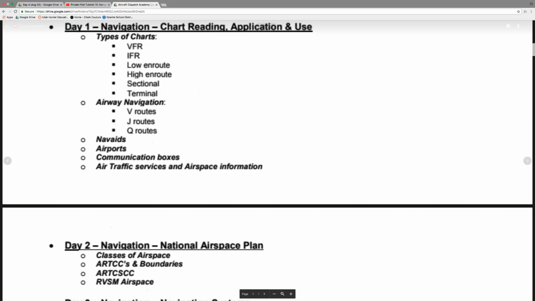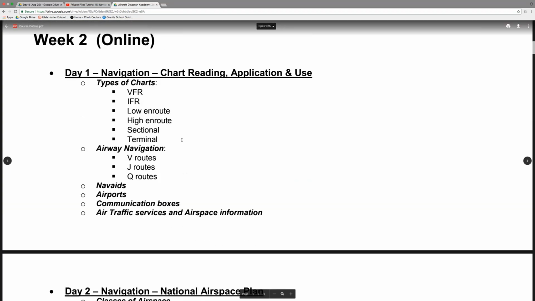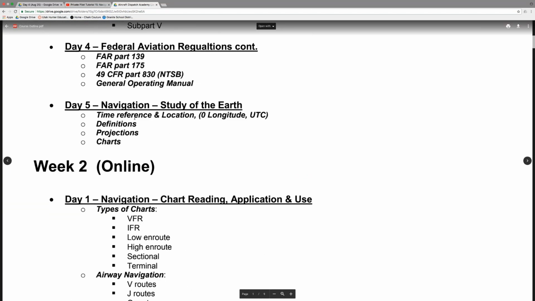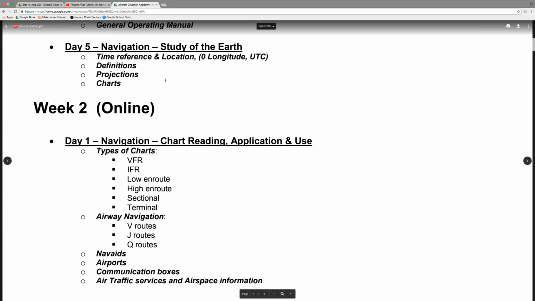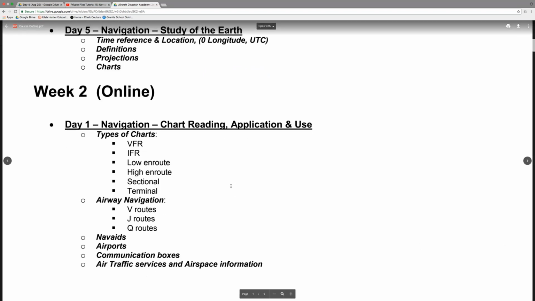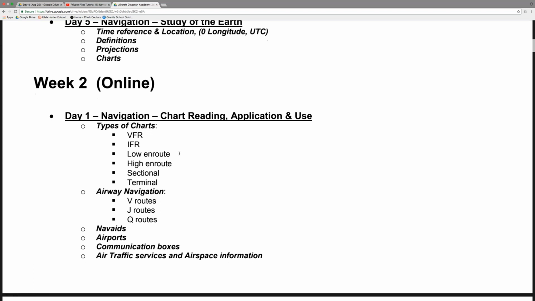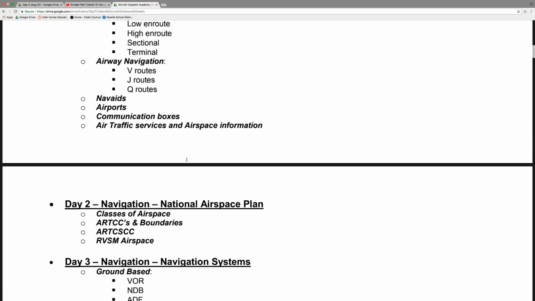Okay, so over the next week, we're going to be diving into navigation. If you go to your course outline, we're going to start talking about time reference and location. What is a universal time code? This video that I just posted into the chat link is going to give you a brief overview of what we're about to go over this next week.